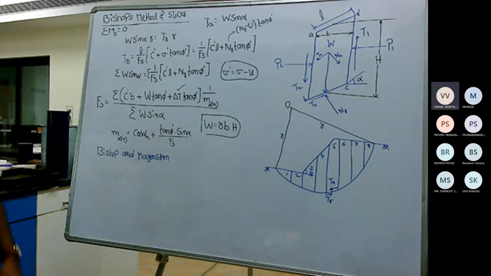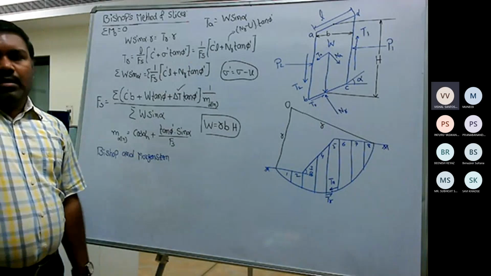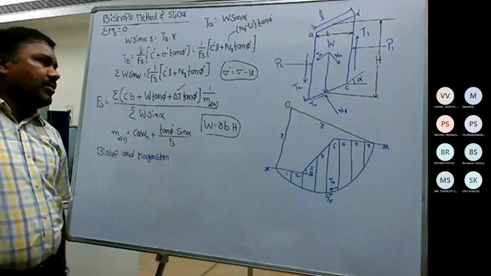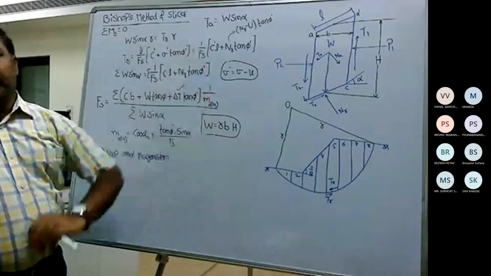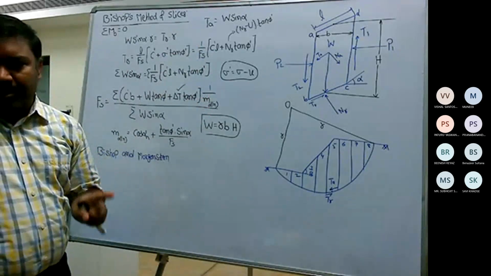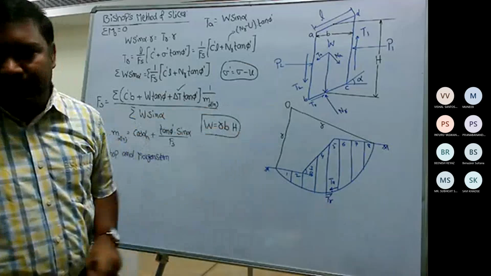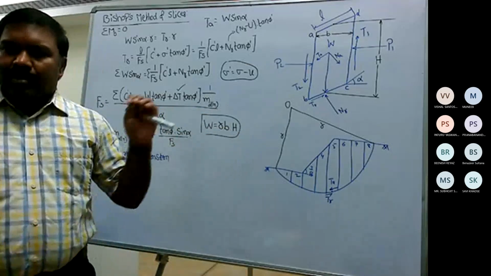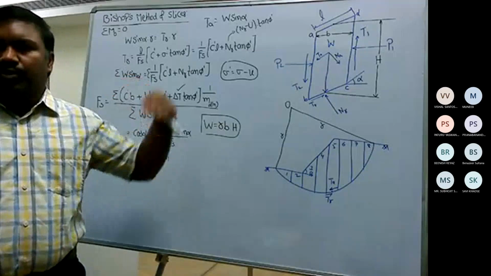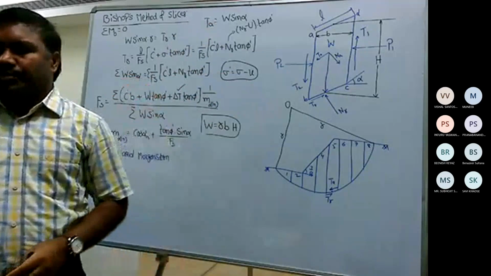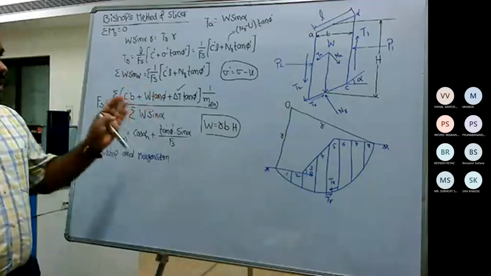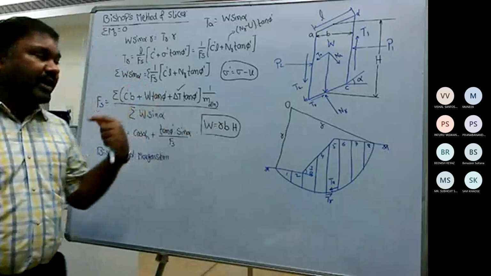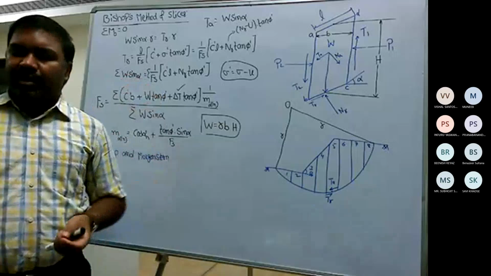But sir, it is not coming. That will not come because in the ordinary method of slices there is one equilibrium equation: the summation of all the moments about the center is 0. While in Bishop's method we have two equilibrium equations: the summation of forces in the vertical direction is 0 and moments about the center is 0. Because of that additional equilibrium equation, you will not get it. Rather, you will get a higher value, or a better factor of safety value.